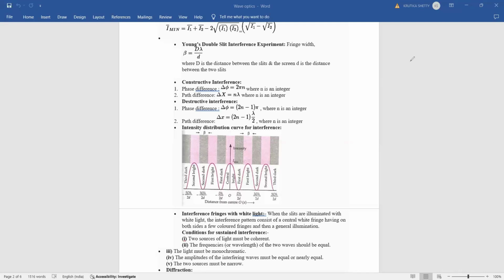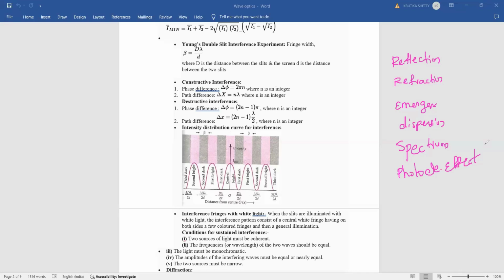We studied reflection, which you also learned in 10th school, and refraction. Then we studied the dispersion of light, spectrum, and then the photoelectric effect regarding light. These are the different phenomena where we can understand light.